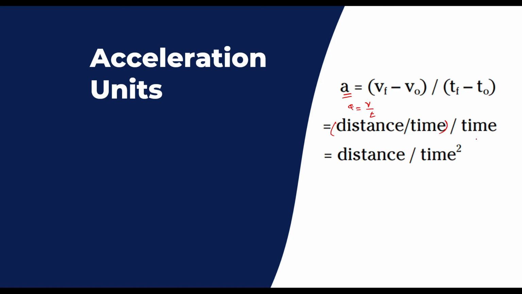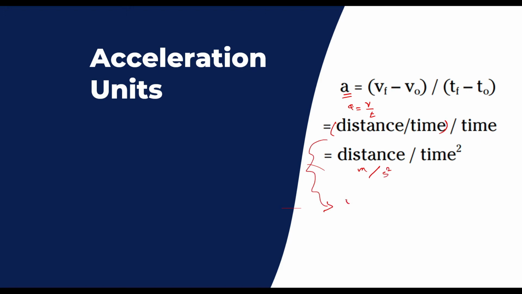And time is represented as a time unit, let's say seconds. If you simplify this mathematically, it will be distance over time squared, which means a unit of distance, in this case meters, over a unit of time, which could be seconds squared.